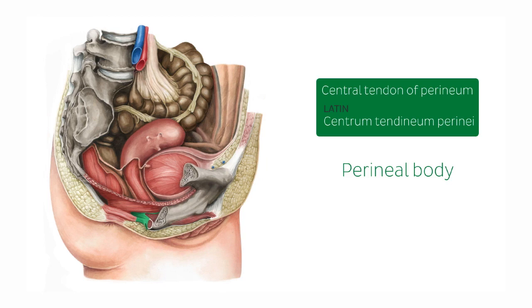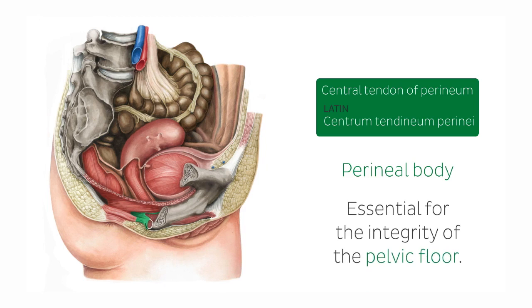The perineal body is essential for the integrity of the pelvic floor, particularly in females. Its rupture during delivery leads to widening of the gap between the anterior free borders of the levator ani muscle on both sides, thus predisposing the person to prolapse of the uterus, the rectum, or even the urinary bladder.